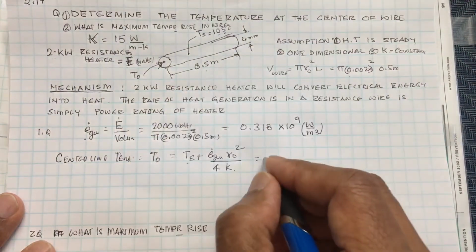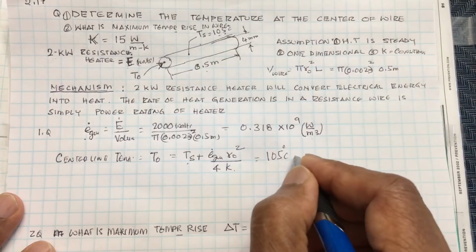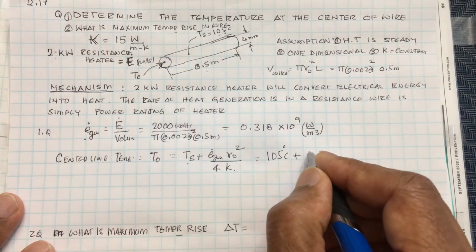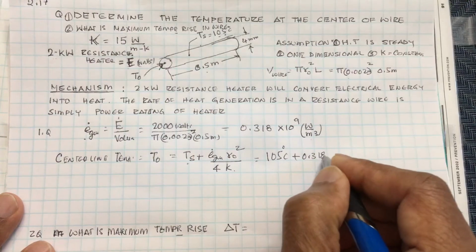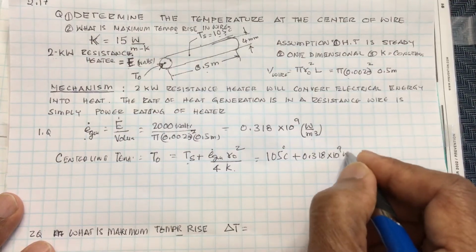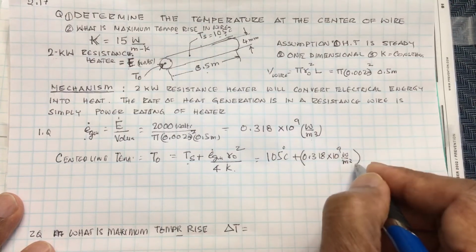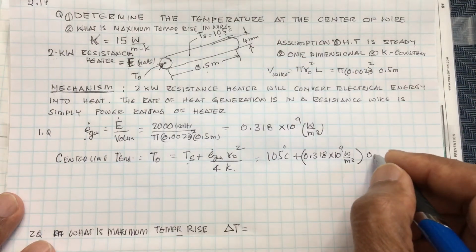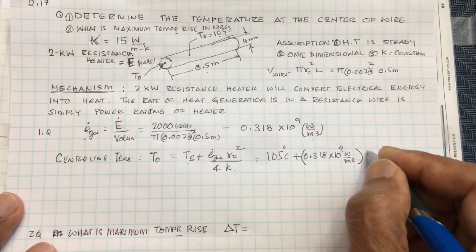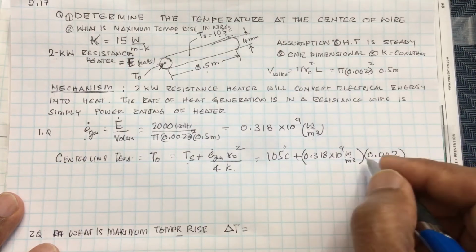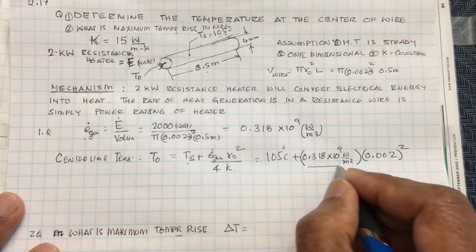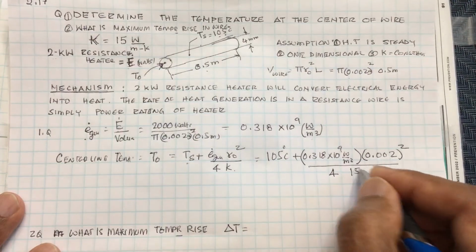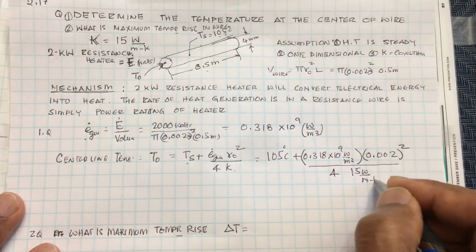Ts is 105 degrees centigrade, plus we just calculated heat generated per unit volume, which is 0.318 times 10 to the power of 9 watts per meter cube, and radius square, 4 millimeters diameter, half of that is 2, converting into meters, divided by 4 times thermal conductivity, which is given, 15 watts per meter Kelvin.